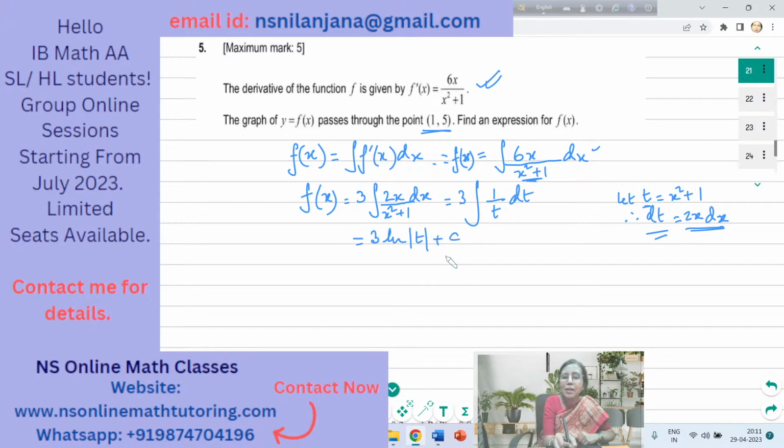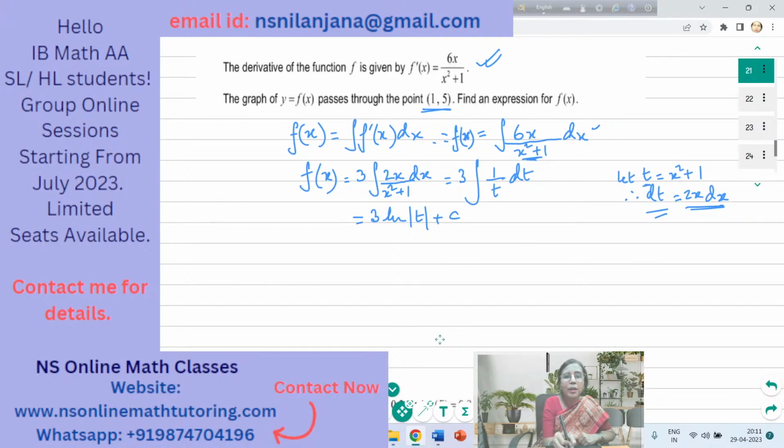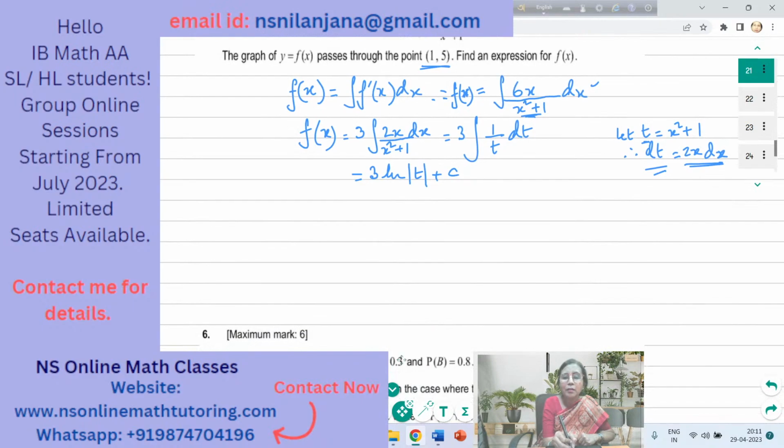Now we can write plus c. Substituting back the expression for t, rewriting that here, I can actually safely remove the modulus sign because x squared will be a positive number or 0, and plus 1, so it will be positive.